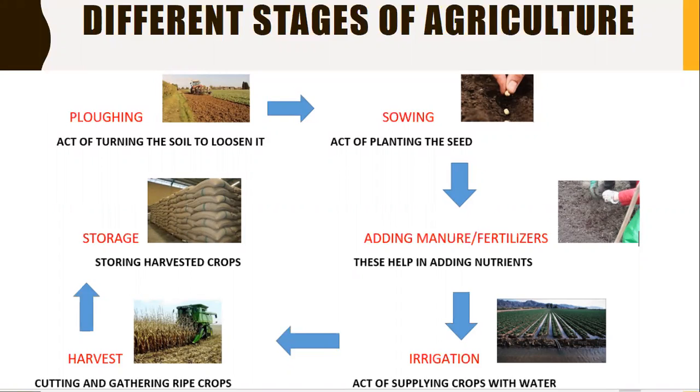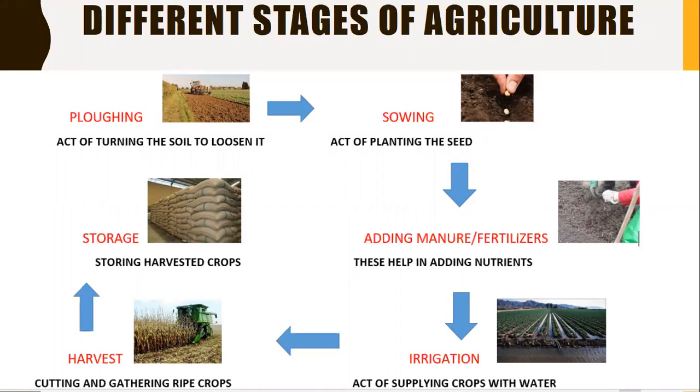Now, adding manure and fertilizer we can do before sowing seeds also and after sowing seeds also. Next stage is irrigation. You all know that plants need water for growth. So irrigation is the act of supplying sufficient amount of water to plants in the field.